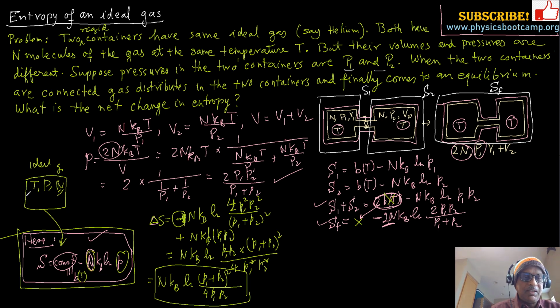And of course from there, V will be N k_B T over P. So you don't need to specify all four, three of them will give you the fourth using the ideal gas law.